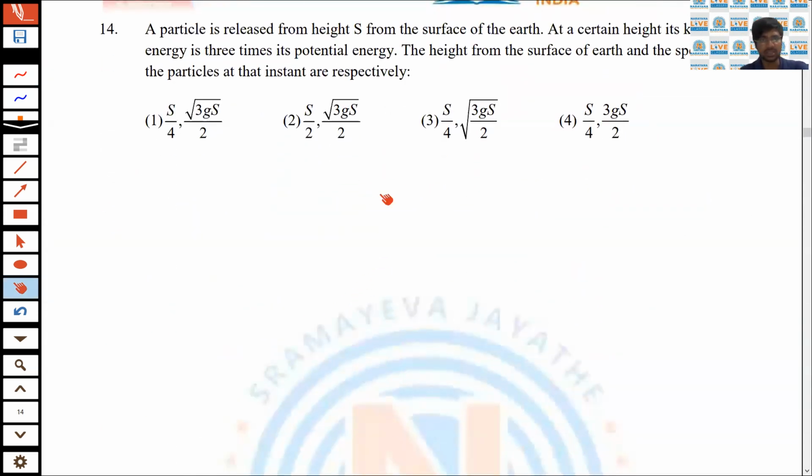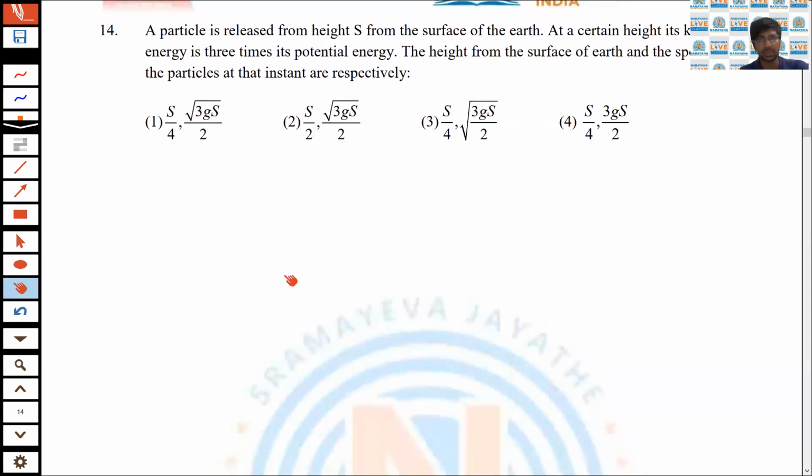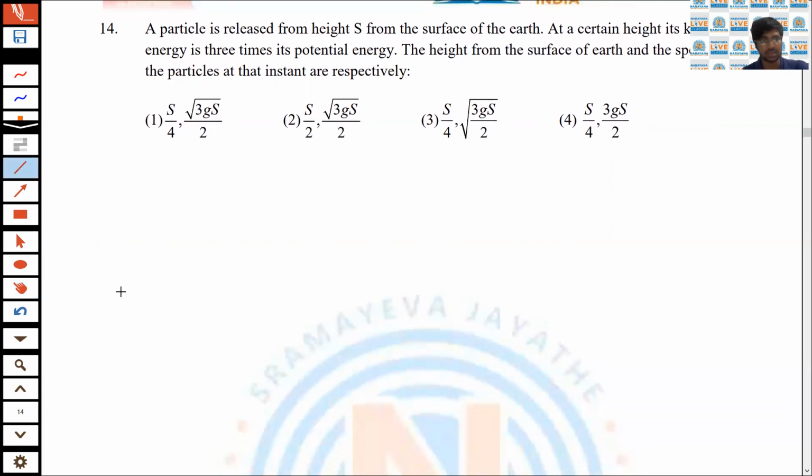A particle is released from height s from the surface of the earth. At a certain height, its kinetic energy is 3 times its potential energy. The height from the surface of the earth and the speed of the particle at that instant are respectively. Now let's take this example that the particle is traveling from a height s and is released with the initial velocity of 0.